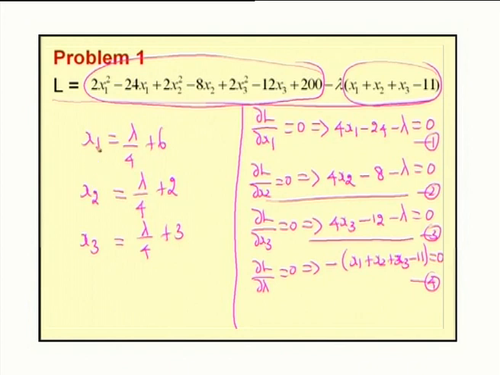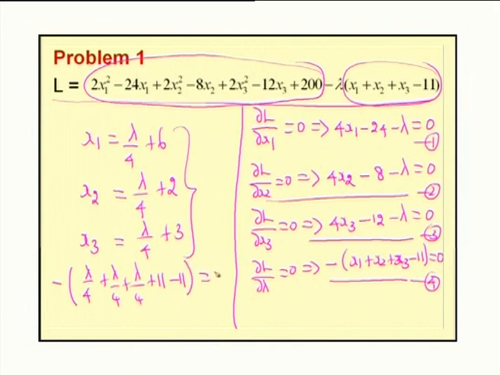Now, in order to find the values of x1, x2, x3, we need the value of lambda. For that, we make use of equation 4. Substituting these 3 values x1, x2, x3 in equation 4 implies minus of lambda by 4 plus lambda by 4 plus lambda by 4 and 6 plus 2 plus 3, which is 11, minus 11 equal to 0.